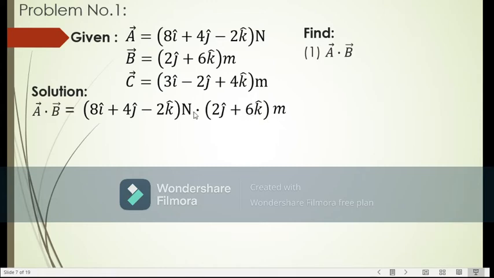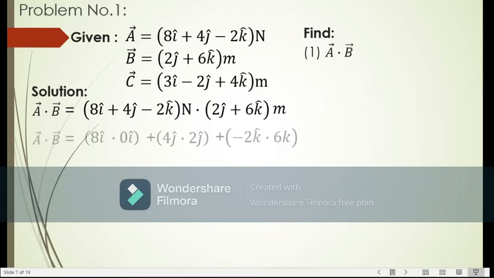So again, if we are multiplying using a dot product or scalar product, we can only multiply having the same components. That means 8i hat must be multiplied to the same component of B, which is 0 because there is no i hat here. 4j hat must be multiplied to 2j hat, and negative 2k hat must be multiplied to 6k hat.